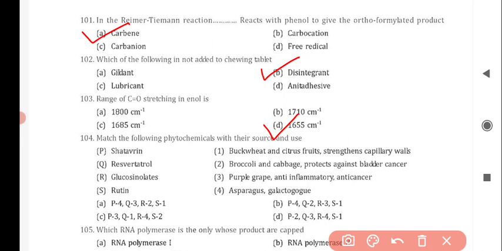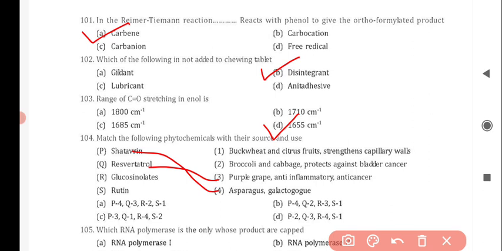Next question is match the following phytochemicals with their source and use. So the first phytochemical, that is shatavarin, it correctly matches with option number 4, that is asparagus and galactogogue. Next phytochemical is resveratrol, and it correctly matches with option number 3, that is purple grape and anti-inflammatory and anti-cancer.